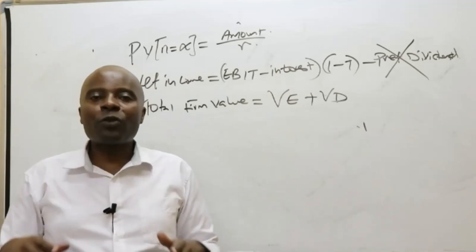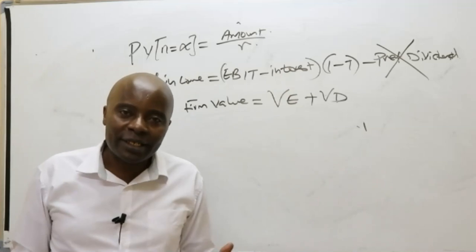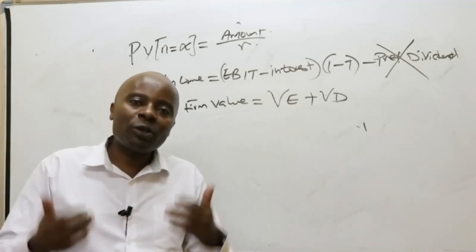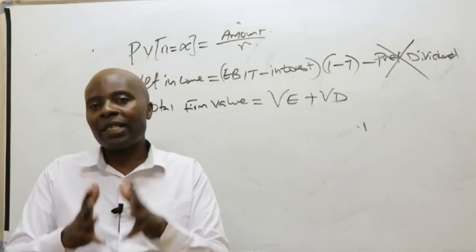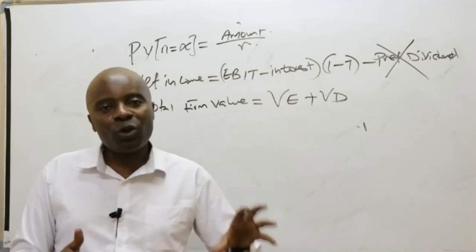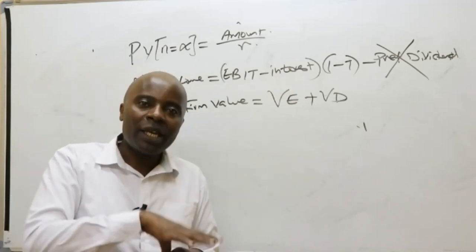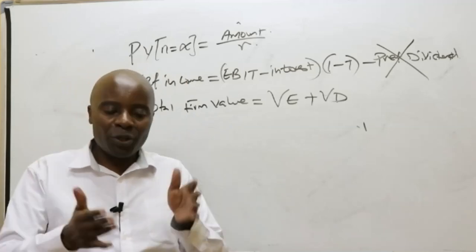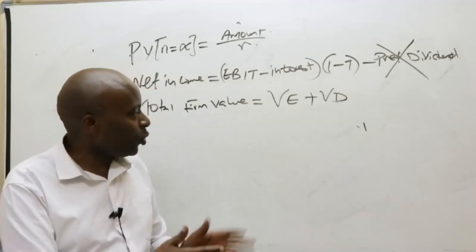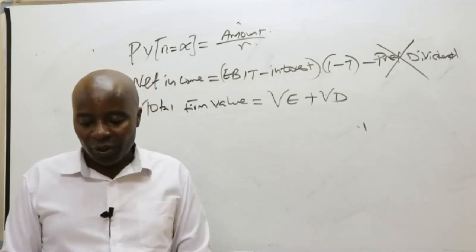Of course, the equity holders can never finance a firm 100%. We'll still need the support of debt holders, coming in the form of debt from banks. So total value will always be equal to value of equity plus value of debt.